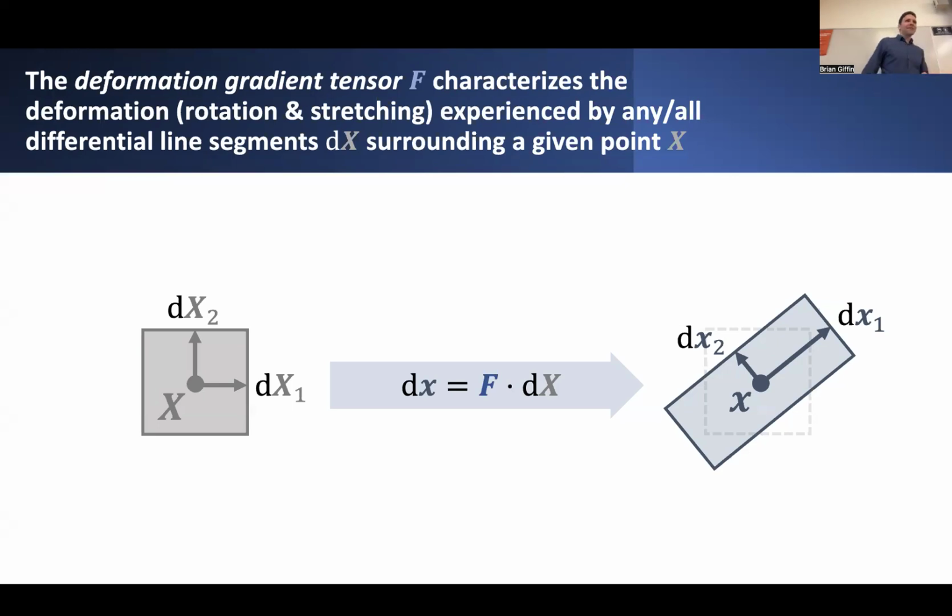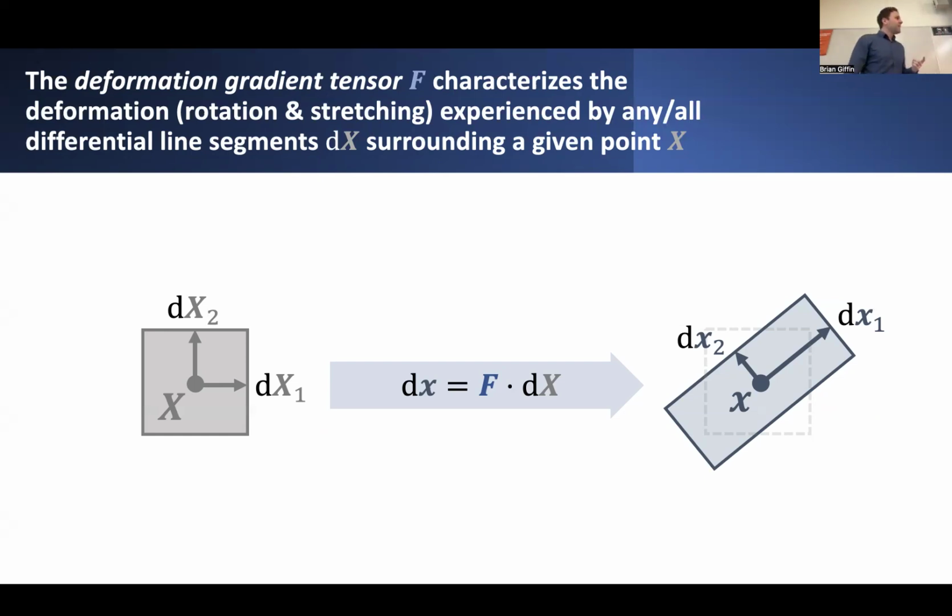The deformation gradient will operate on vectors with differing initial orientations in such a fashion that, let's say for this first vector, dx1, it will be deformed and transformed into this new vector, lowercase dx1, through this relationship. So some small vector dx, through a matrix-vector multiplication with the deformation gradient, gives me a new vector that now has a new orientation.